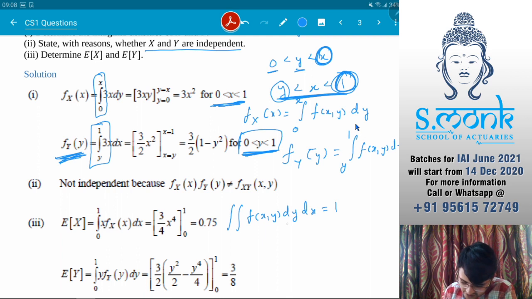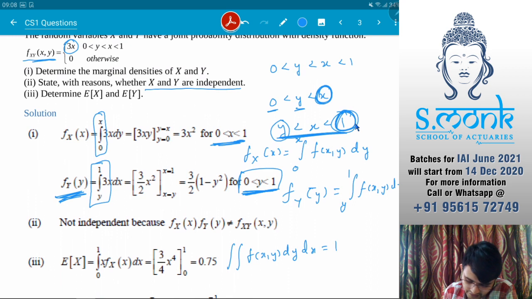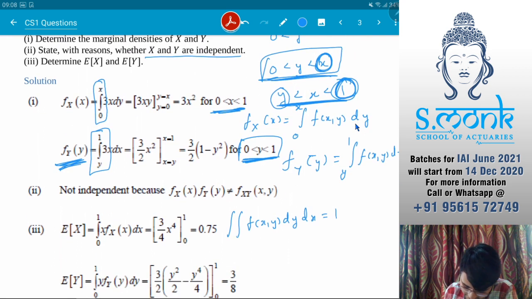Let's say I am integrating y first, so I put the values of y first, 0 to x. Then for the second integration I need values of x. Because y has been substituted, the value of x is going to be between 0 to 1, since the minimum value of y will now be the minimum value of x.